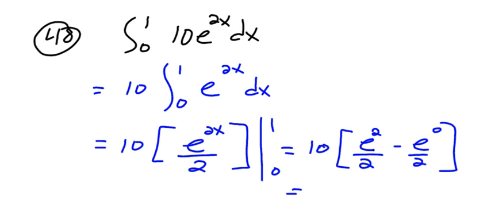And I see from here that I get 5e squared, and then if I multiply the 10 into the -1/2, I get, I'm sorry, oh, I did that one wrong.